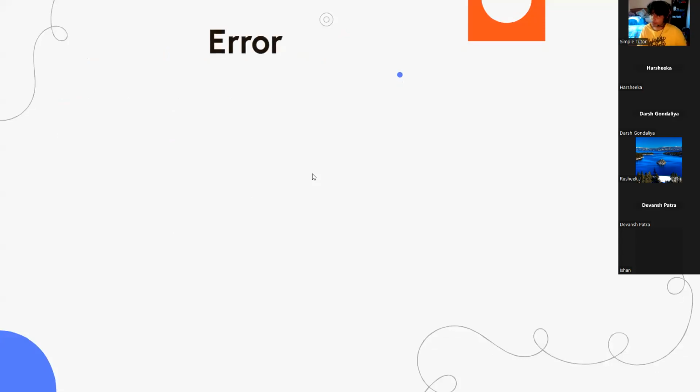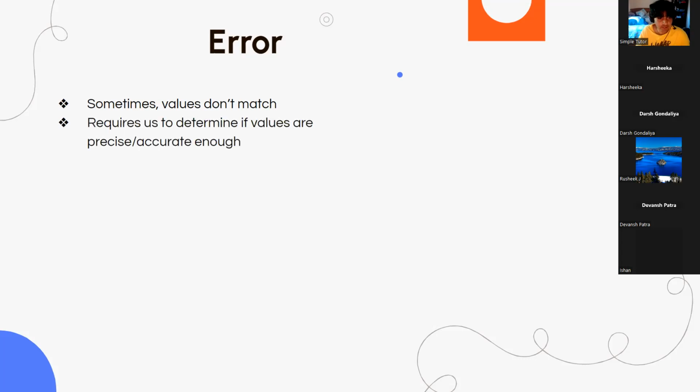So now another important concept is looking at error. Sometimes values don't match. This could be between measured values and known values, or between measured values, comparing precision and accuracy in both aspects. So sometimes we need to determine our percent error to determine, can we really use this value?